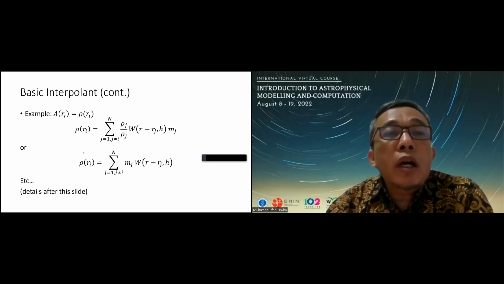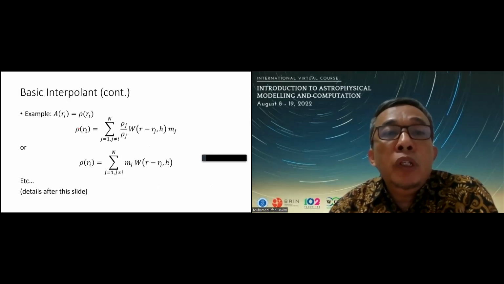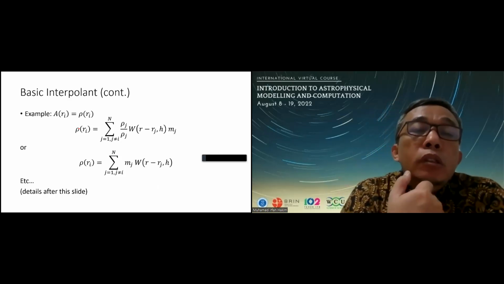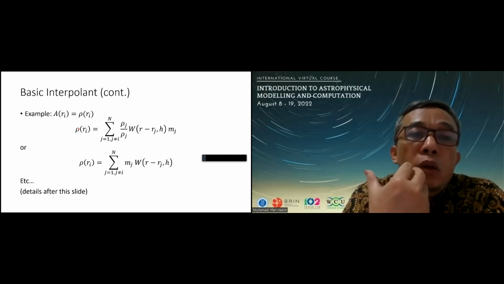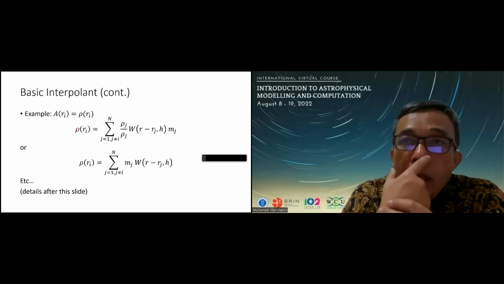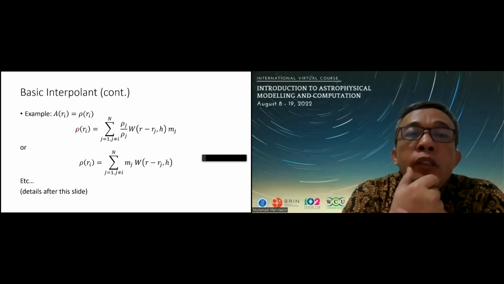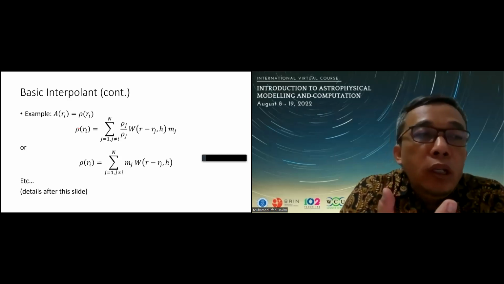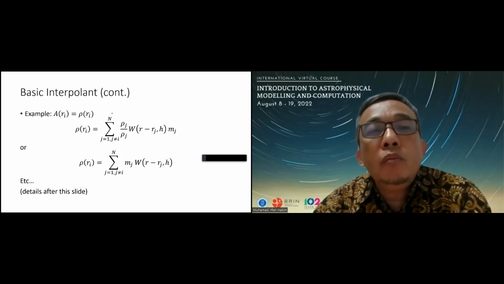Now this is an example. For example, we need to calculate the value of rho of the particle of interest, named rho at r_i here.